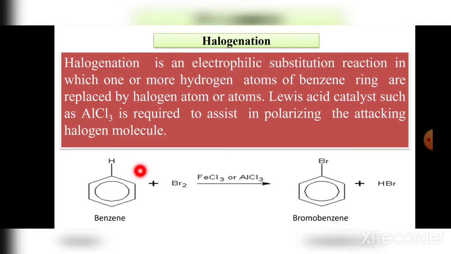Here in halogenation, benzene plus Br2. If we perform bromination, we use Br2 in presence of FeBr3, and we get bromobenzene plus HBr.